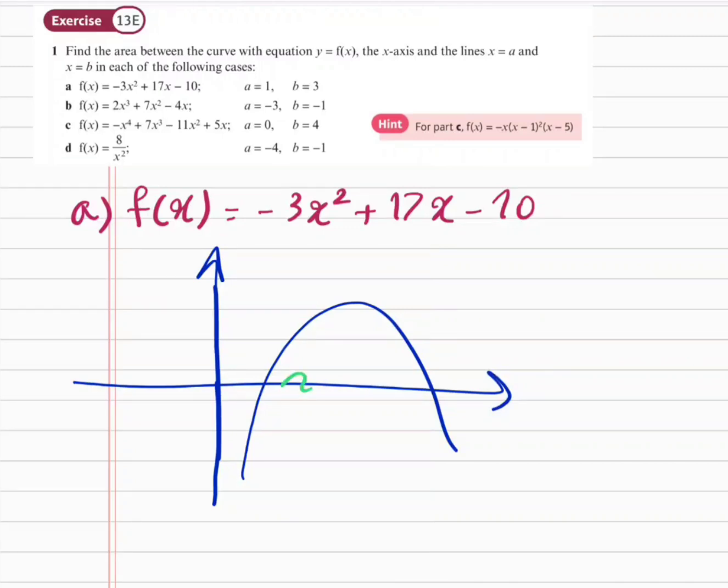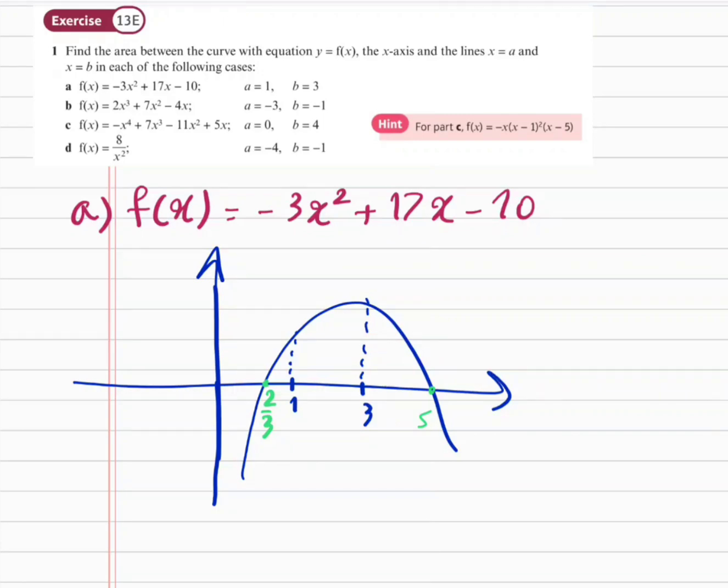So 2 over 3 is here and then 5 is here, and this allows us to then know the position of the bounds. So 1 is roughly here, and the other one is 3, which is around here, maybe slightly in a different position, maybe here.